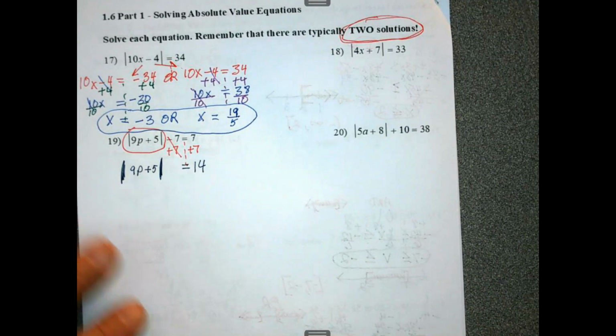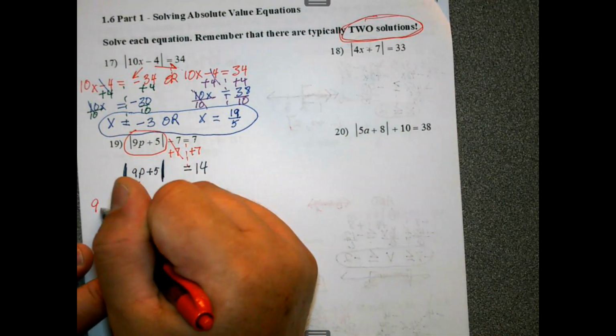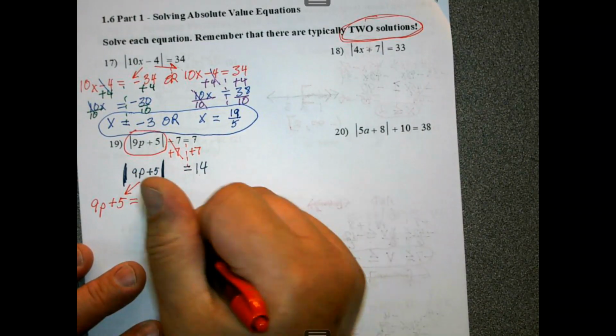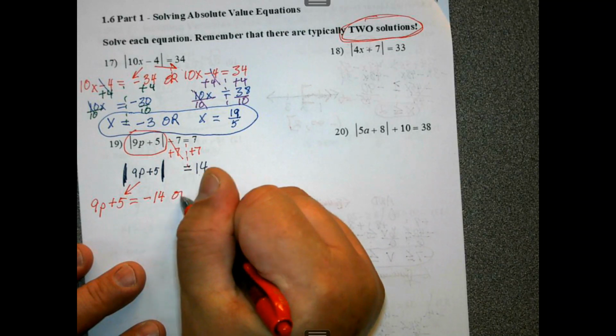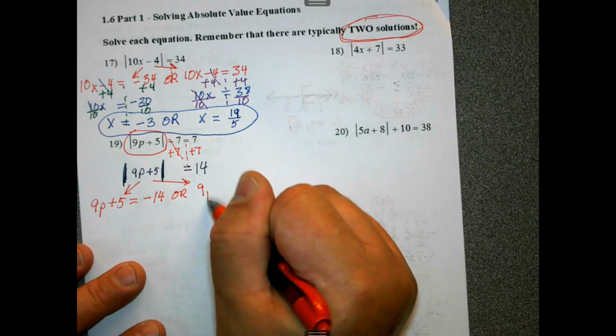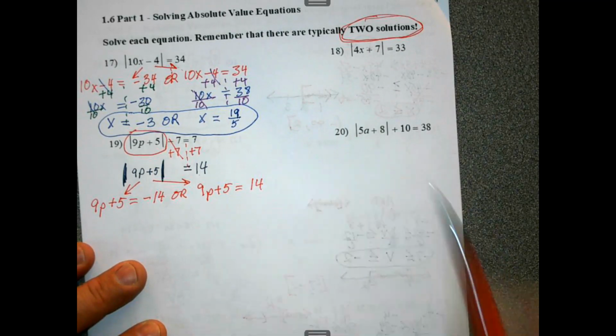Then split them up. 9p plus 5 equals negative 14, or 9p plus 5 equals 14.